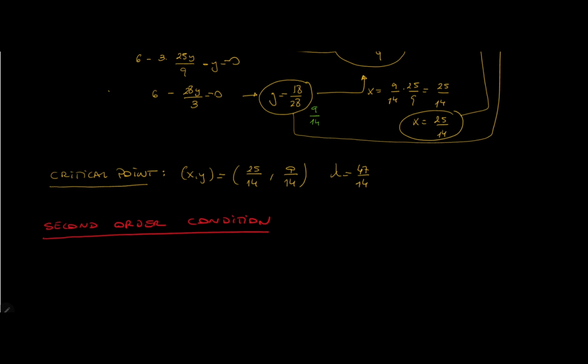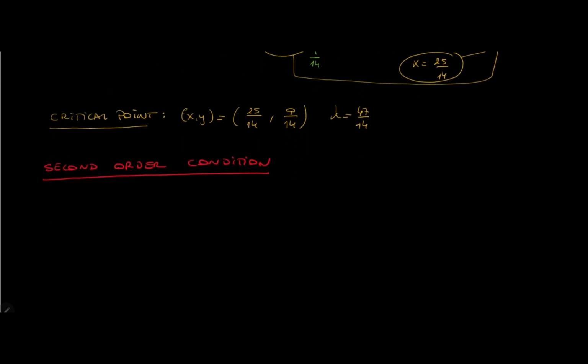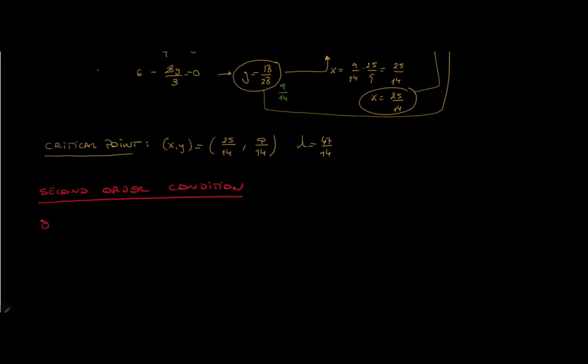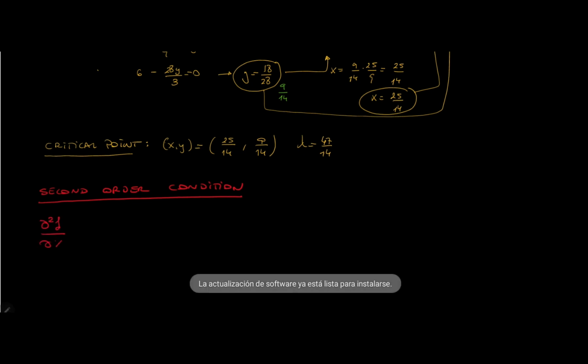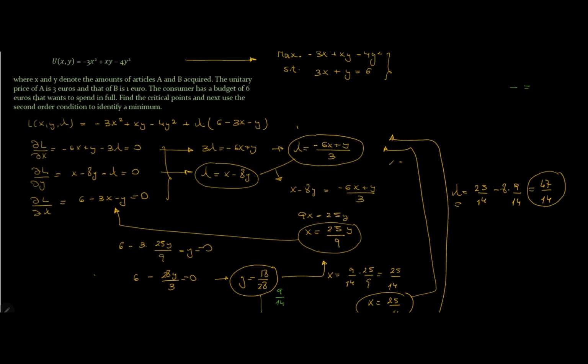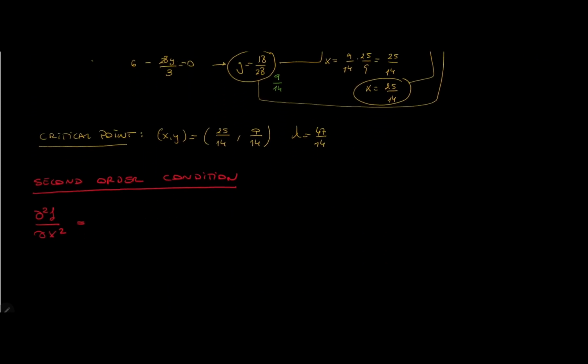I have to calculate the Hessian matrix, and for that I need the second order partial derivative of the function with respect to x twice, and that is minus 6.